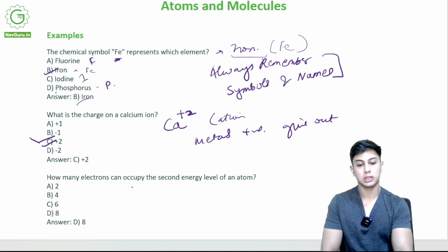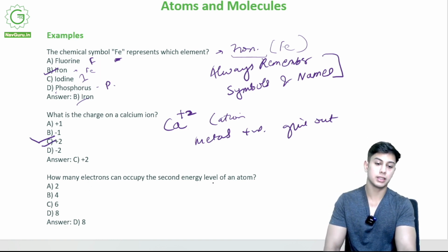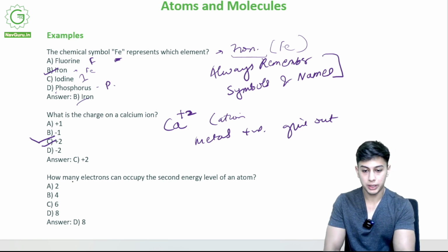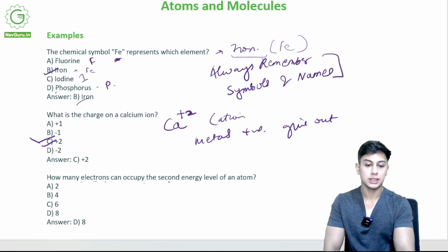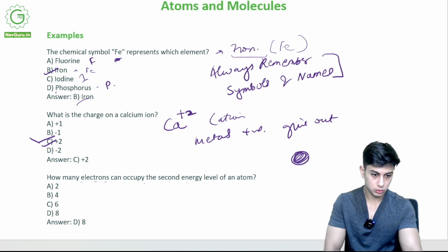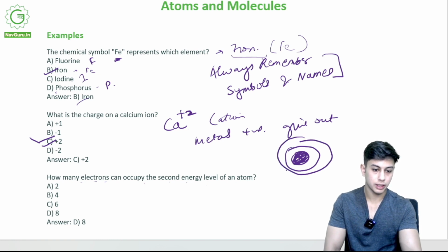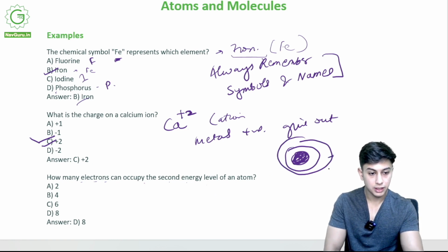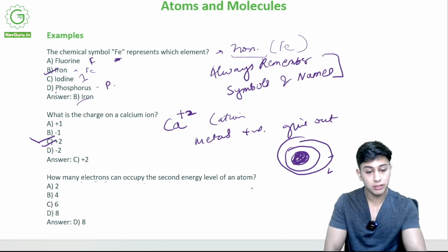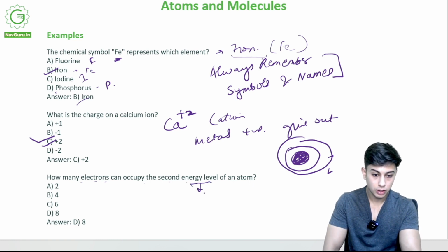How many electrons can occupy the second energy level of an atom? First, second. They've asked second. L shell. Energy level means shell. So 2n square.